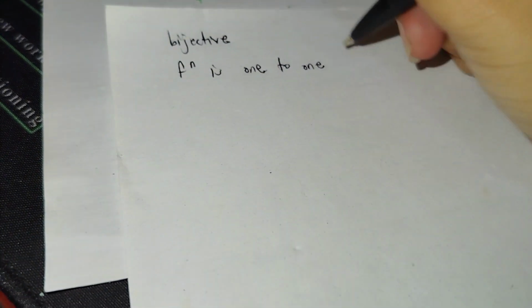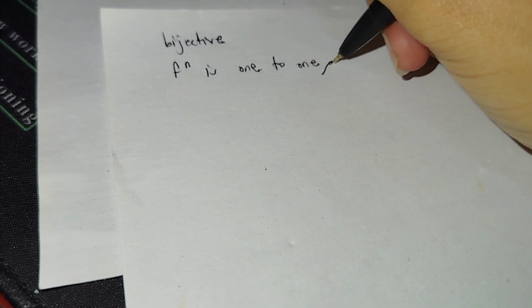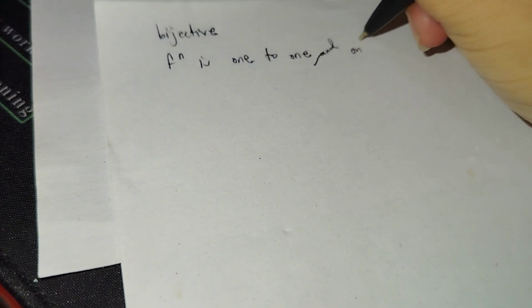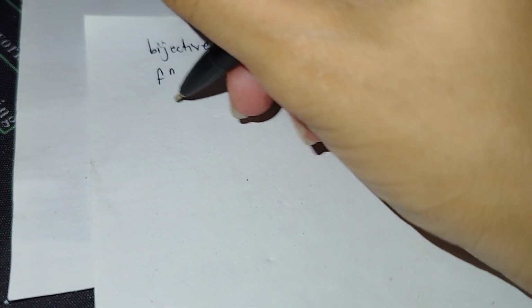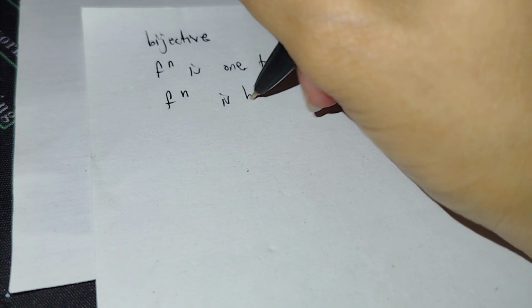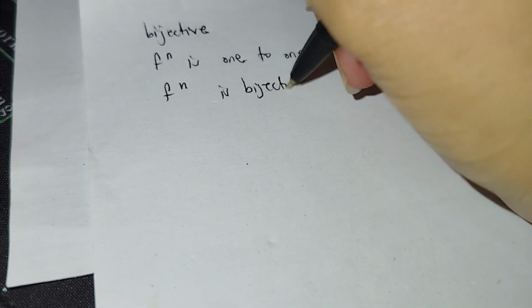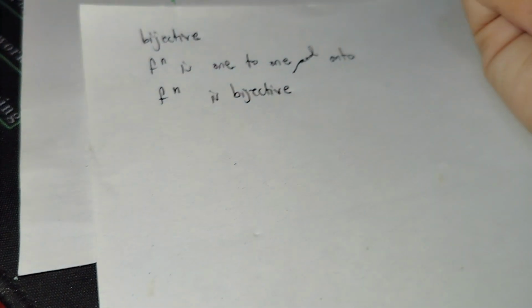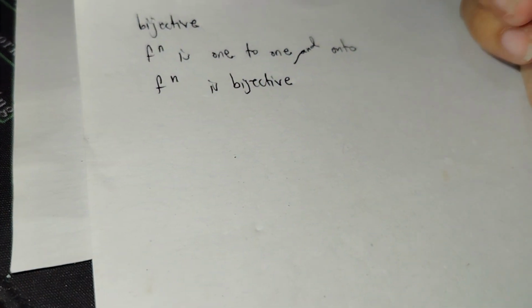The function f is bijective, meaning it is one to one and onto at the same time. If f of x is bijective, then the inverse exists.